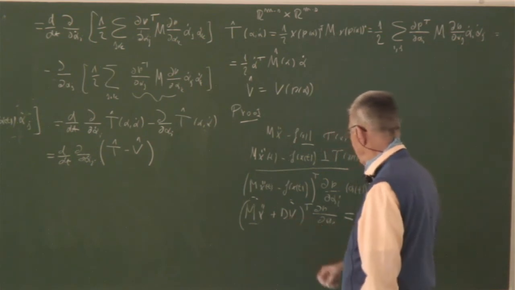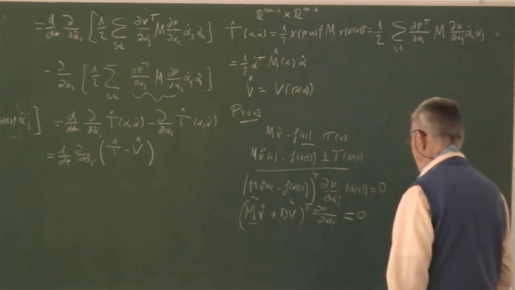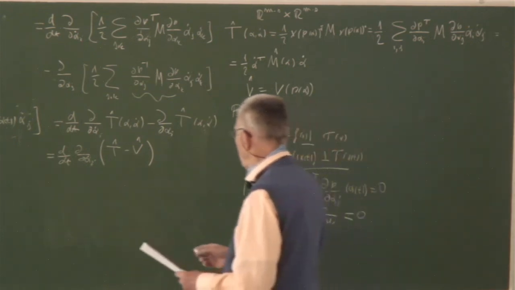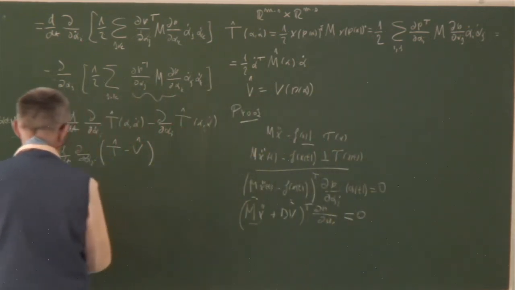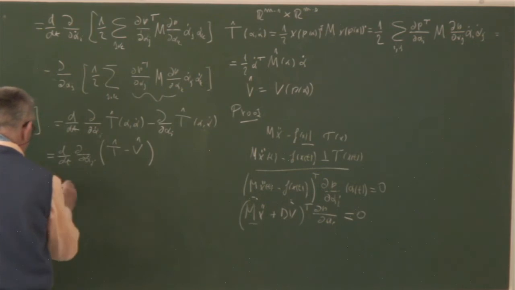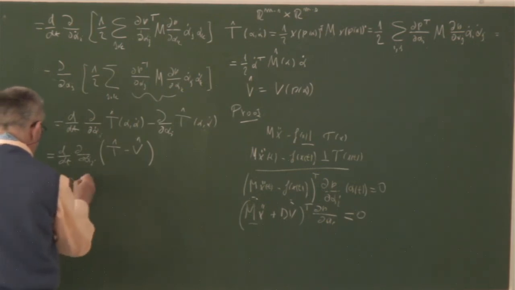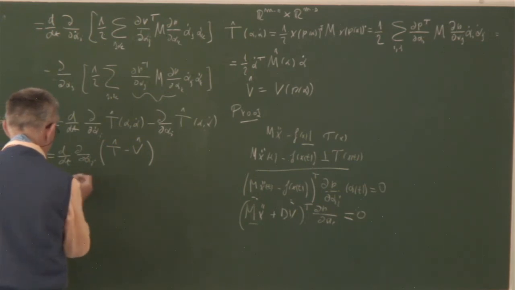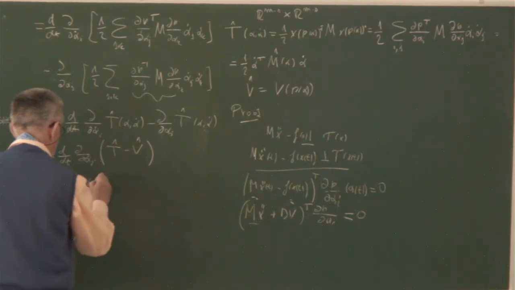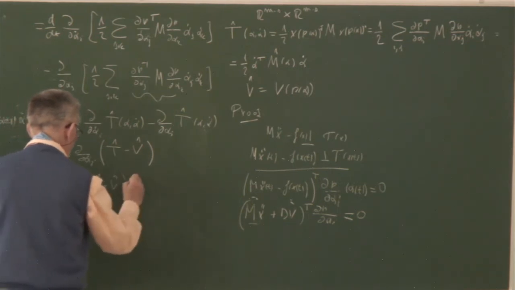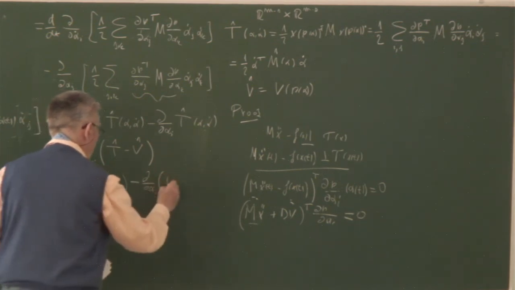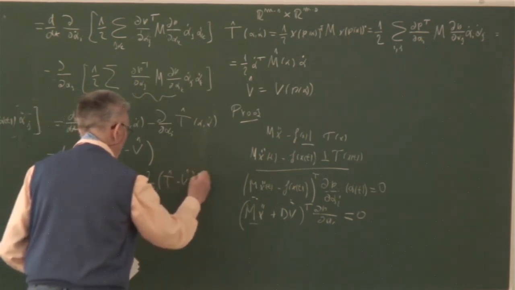Adding this one, you get then d over dt d over d alpha I dot of t hat minus d over d alpha I of t hat minus v equals to 0.